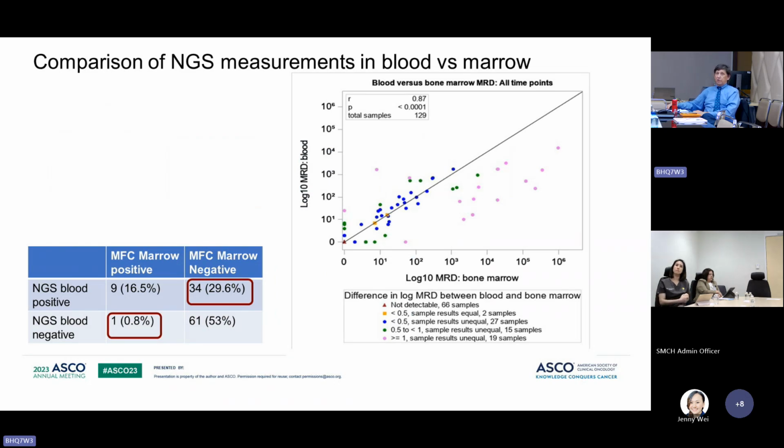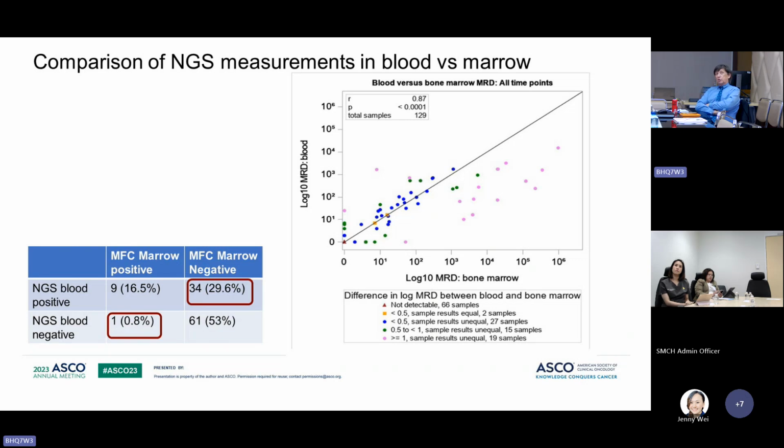Interestingly, when you look at flow cytometry, a lot of times for bone marrow, you have to do a bone marrow sample. In the case of next-generation sequencing, especially the assay called clone-seq, they're looking for the hypermutation, the hypersomatic mutation in the variable region, and you can actually get the unique variable region.